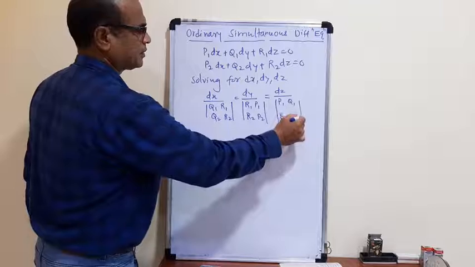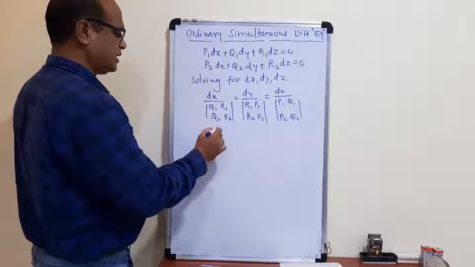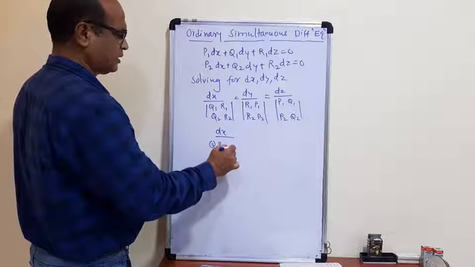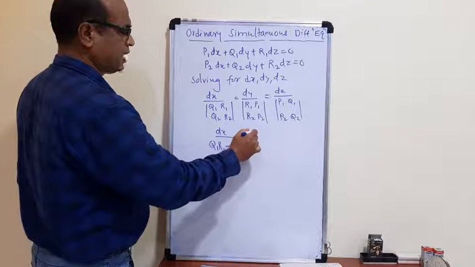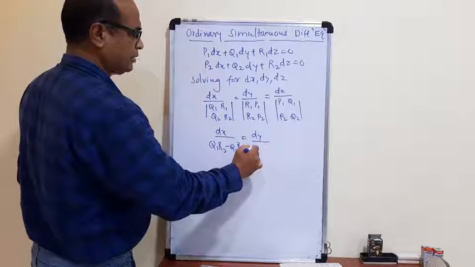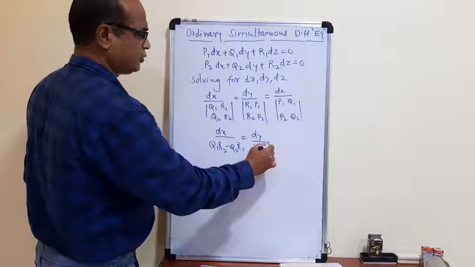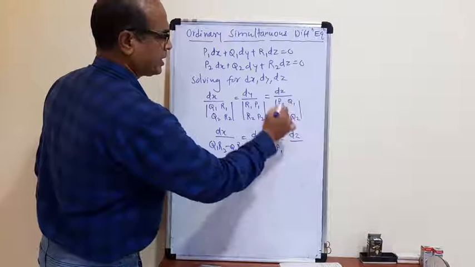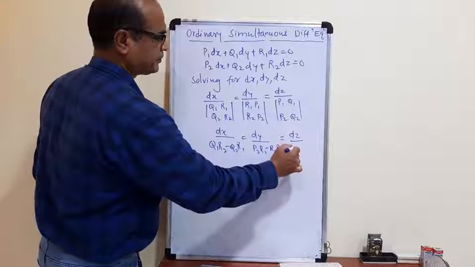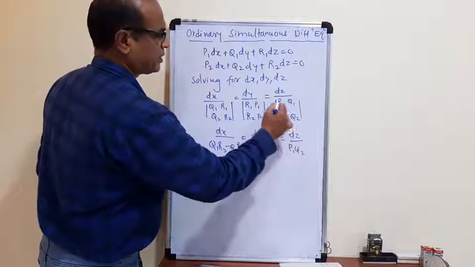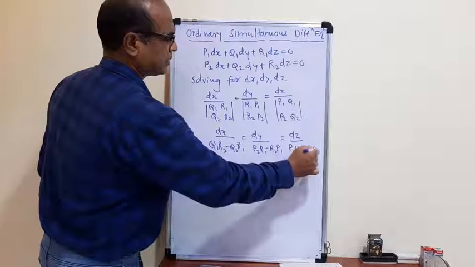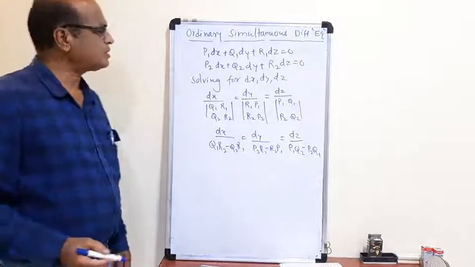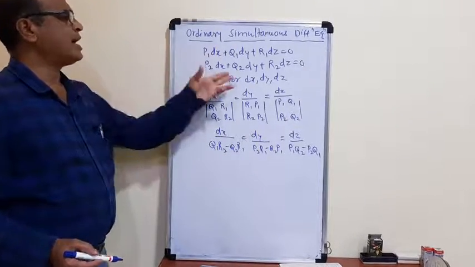Solving these determinants, we get dx upon q1 r2 minus q2 r1 is equal to dy upon p2 r1 minus r2 p1 is equal to dz upon p1 q2 minus p2 q1.